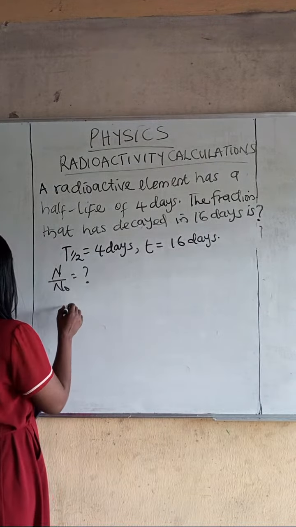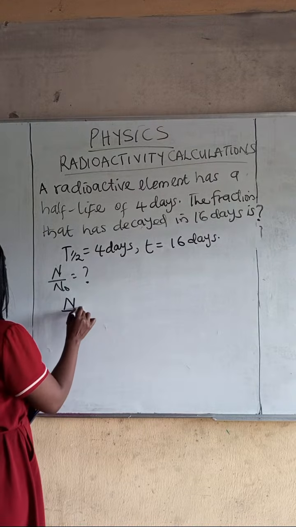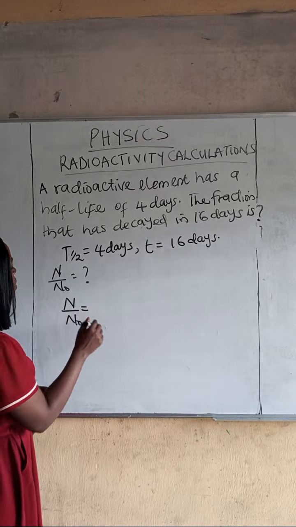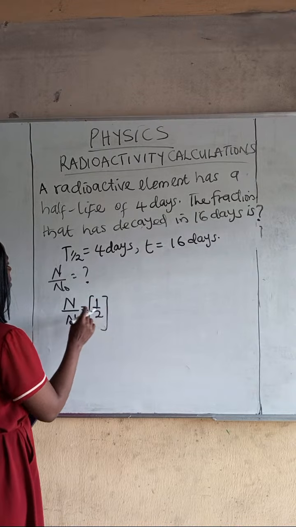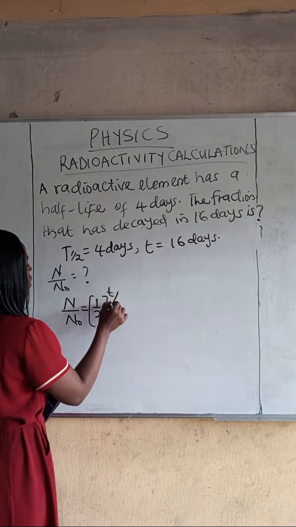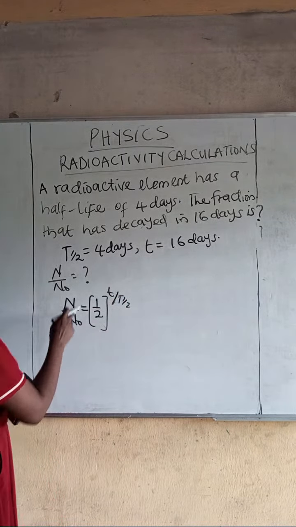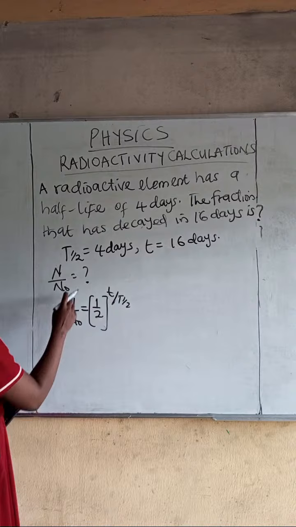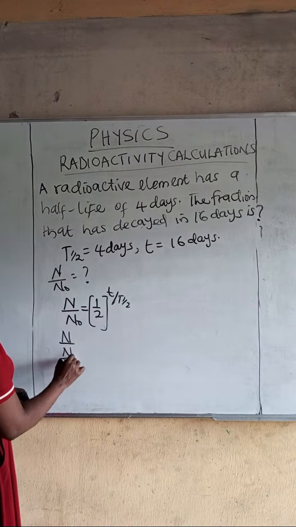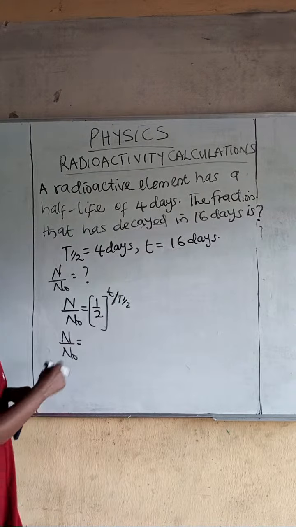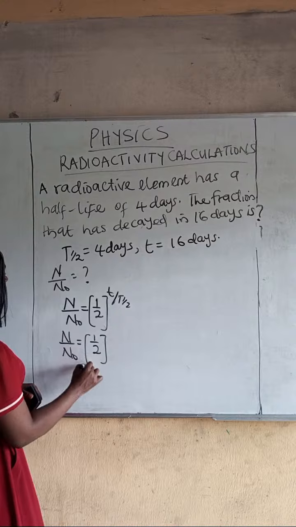We have our formula: N over N naught is equal to (1/2) raised to the power of t over half-life. Now what's my N? I'm looking for N over N naught. That is a fraction. So N over N naught is equal to (1/2) bracket.